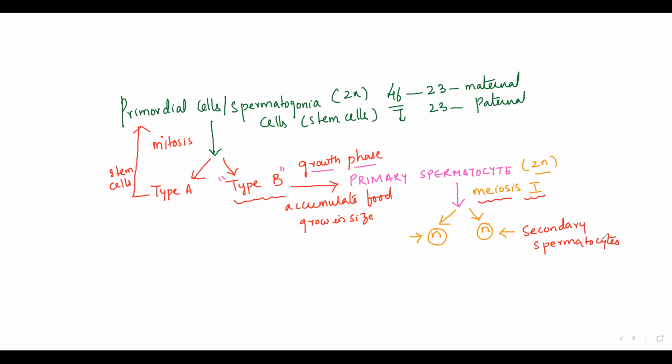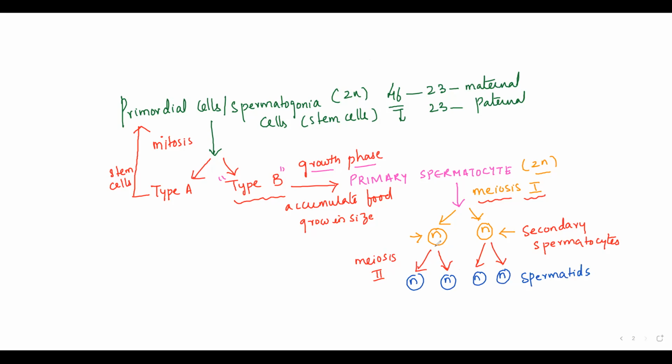Now, the secondary spermatocytes will undergo meiosis 2, and they produce haploid daughter cells, which are called spermatids.